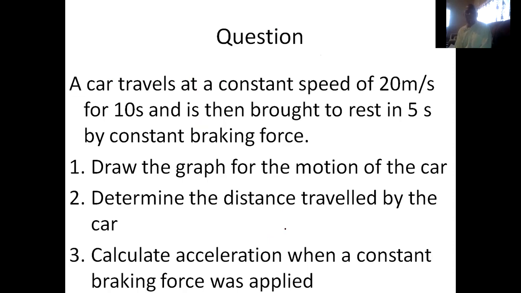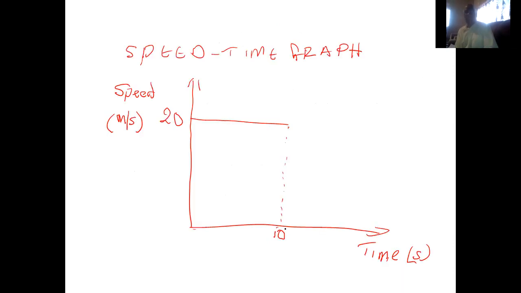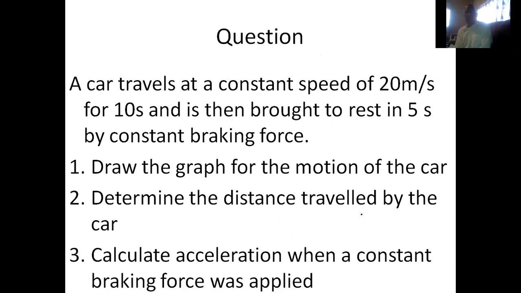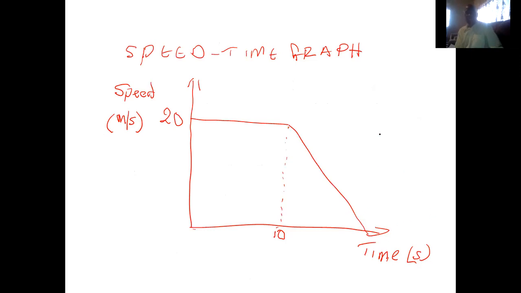And it was brought to rest in 5 seconds by a constant braking force. So 5 seconds plus 10 seconds gives us 15. So this is the speed time graph that we have drawn. This is how you can draw a speed time graph.